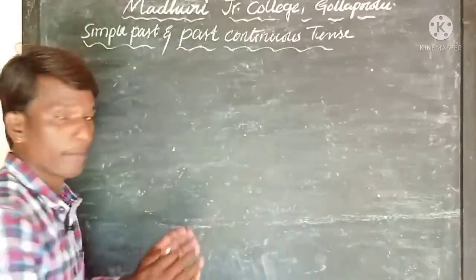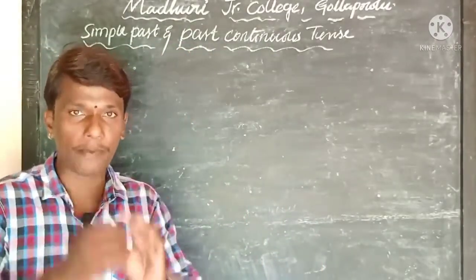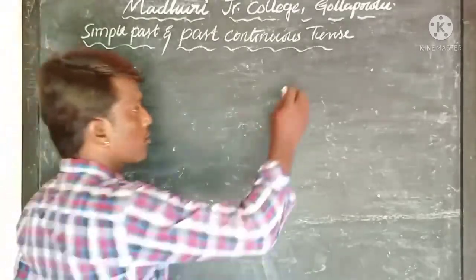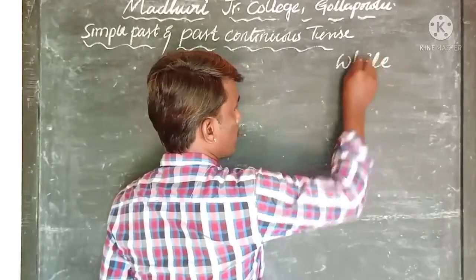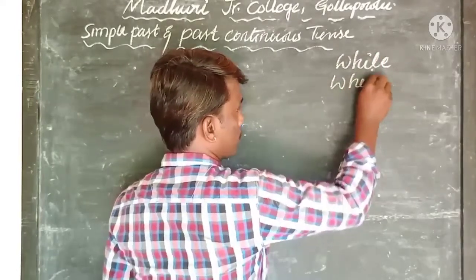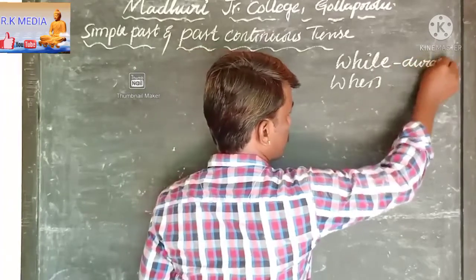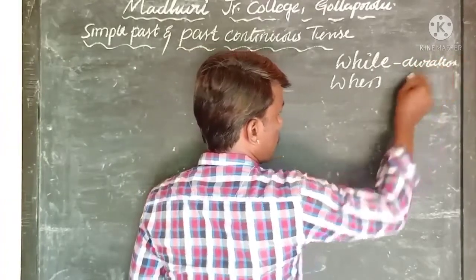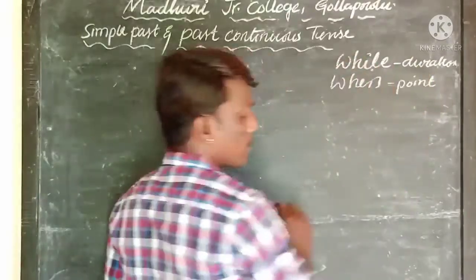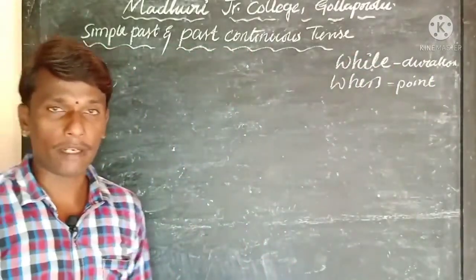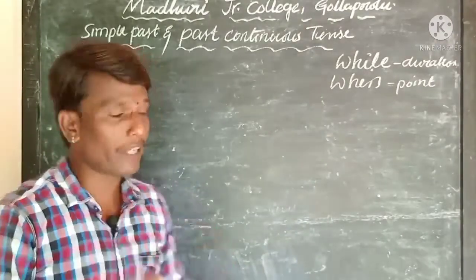Now let me prepare some examples for both simple past tense and past continuous tense using conjunctions like while and when. You know, while is a duration of time, whereas when is a point of time. So we use when to indicate a certain point of time, and while is used to indicate a duration of time.